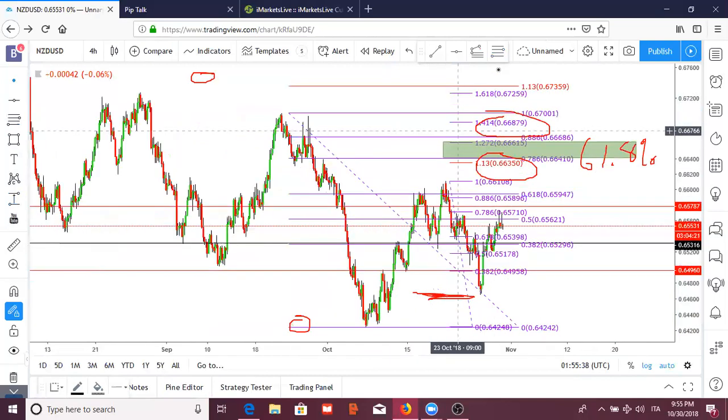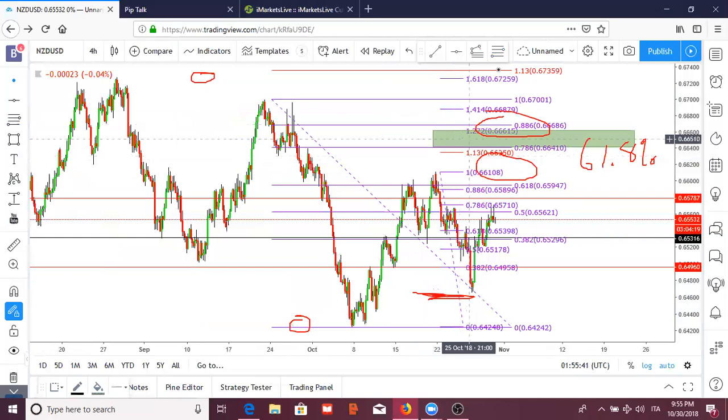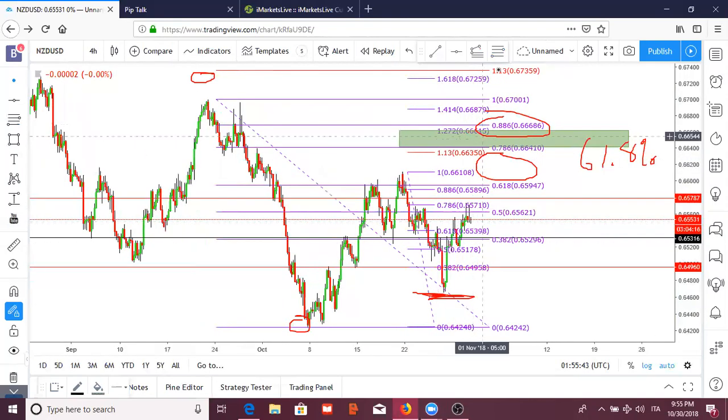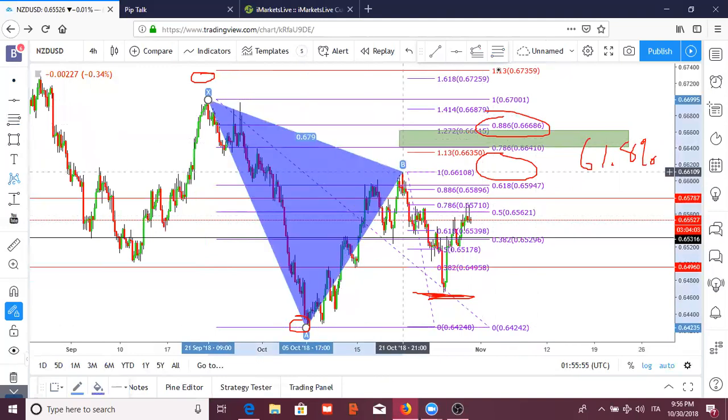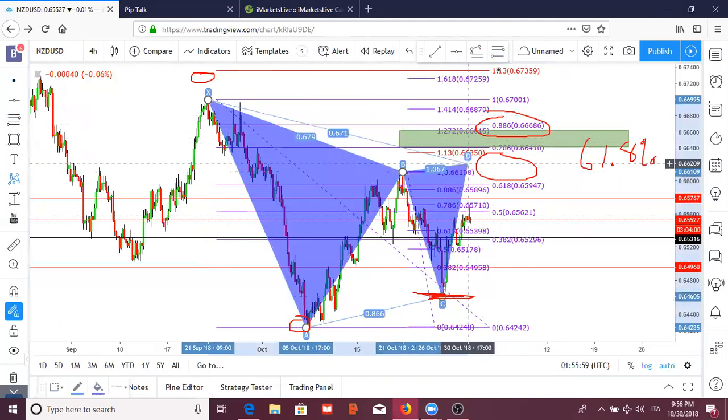So that's good. If price pushes up to this area, I'm looking for a selling opportunity out of that, and that'll be the Gartley pattern. It'll look something like this: X to A to B, B to C, C to complete up here at the D.